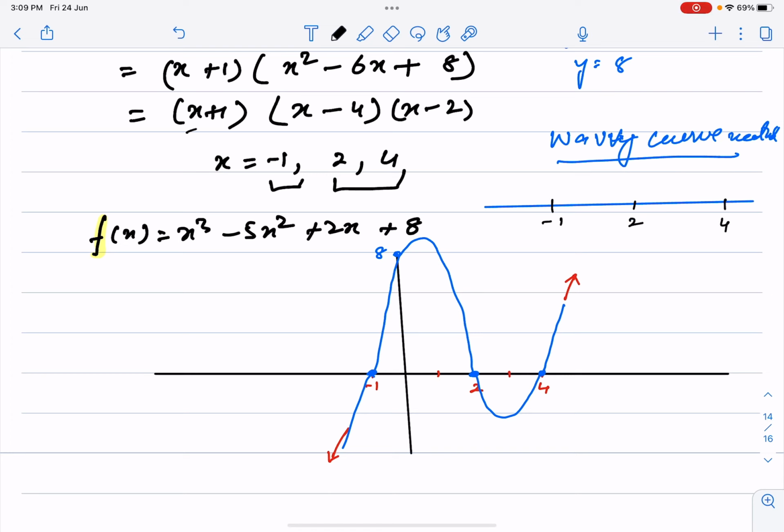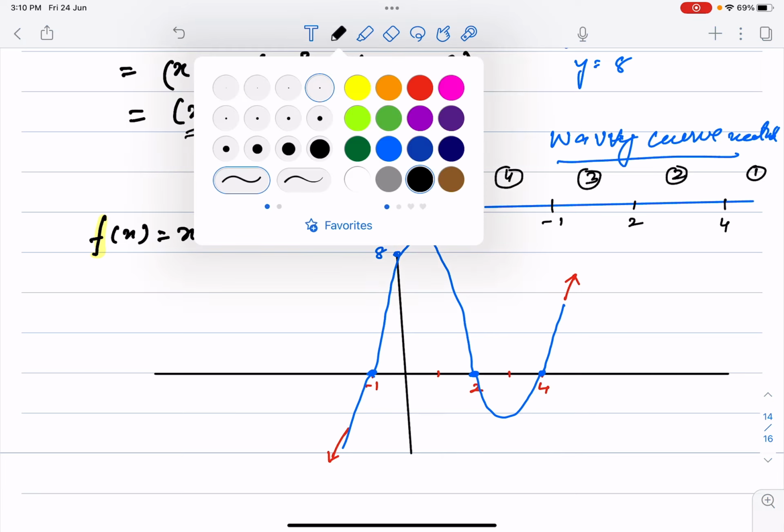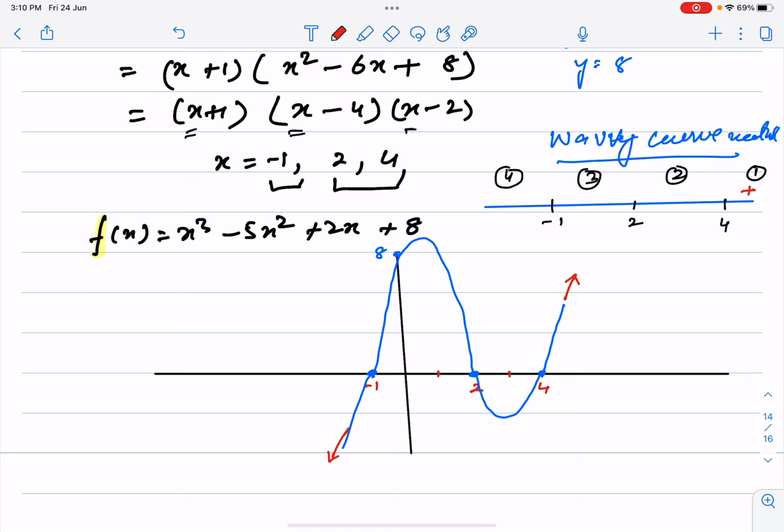If all the coefficients of x are positive, the number line has been divided into 4 parts. This is one part, second part, third part, fourth part. So the first sign will be positive, because all coefficients of x are positive, or you can place any value more than 4.